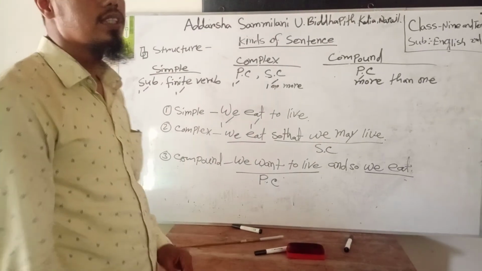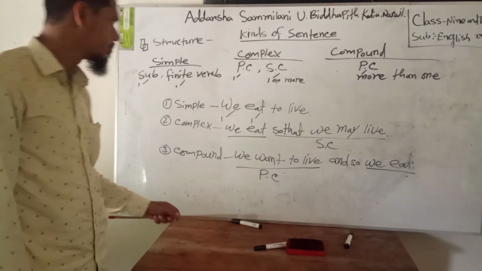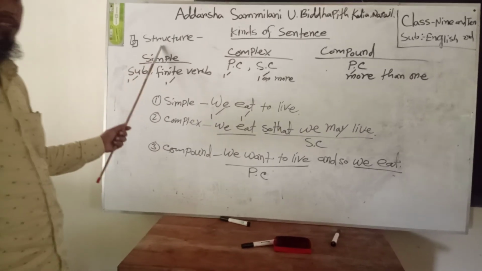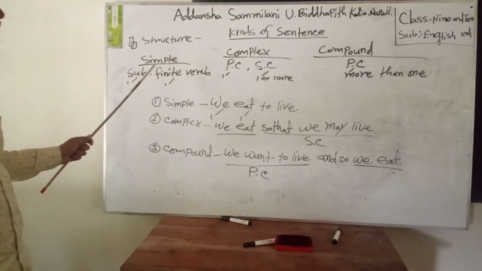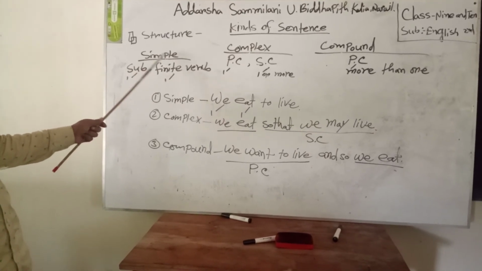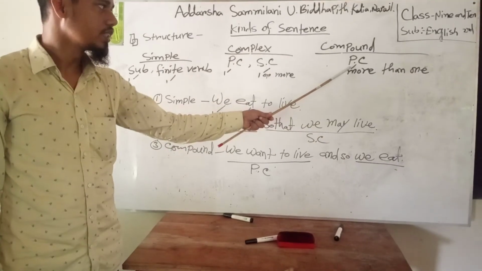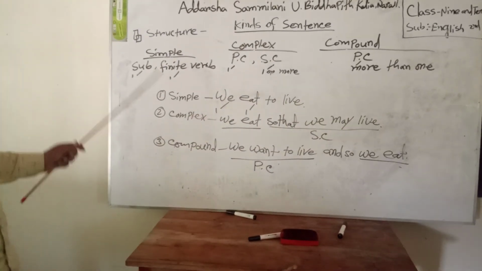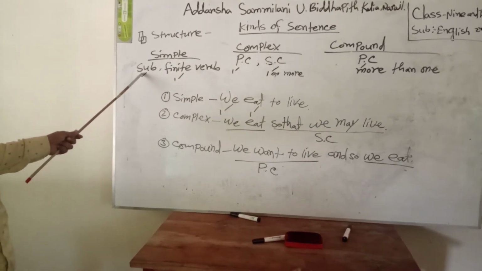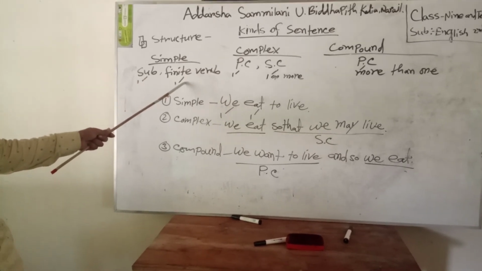Dear students, I repeat again, according to the structure, there are three kinds of sentence: simple sentence, complex sentence, and compound sentence. Simple sentence, one subject and one finite verb.